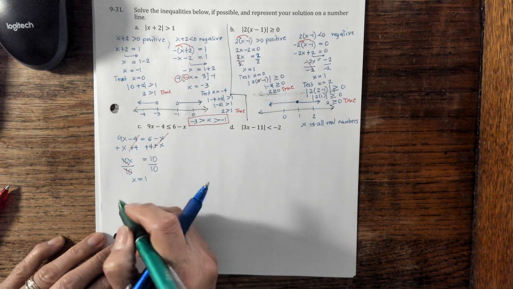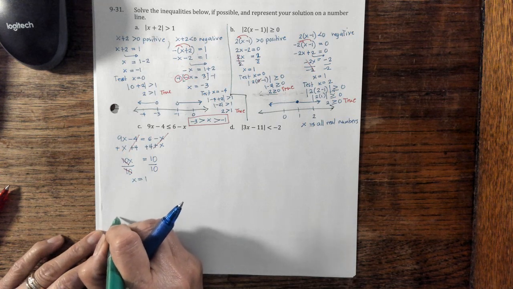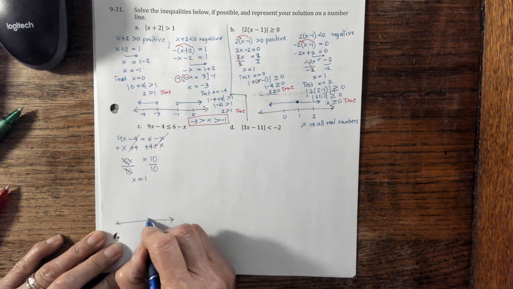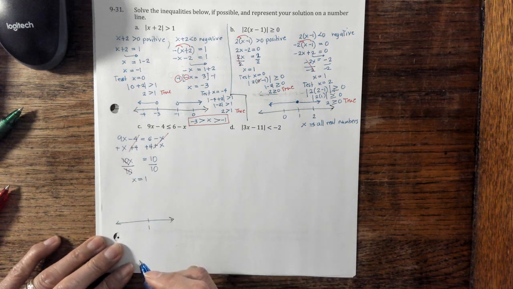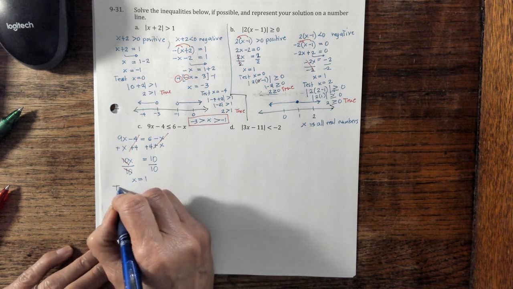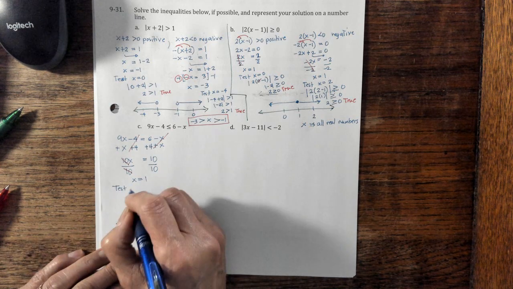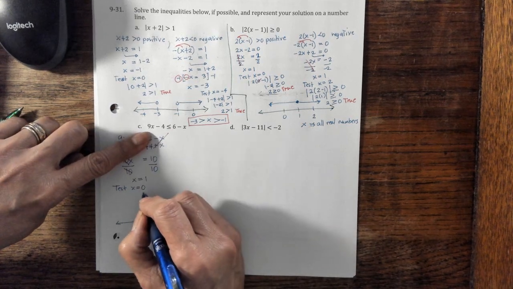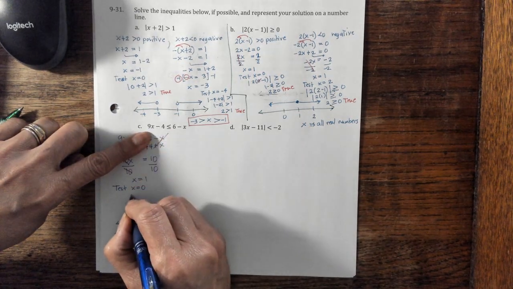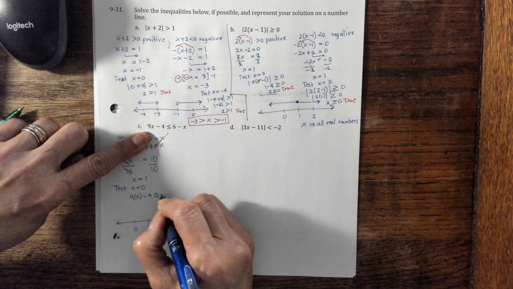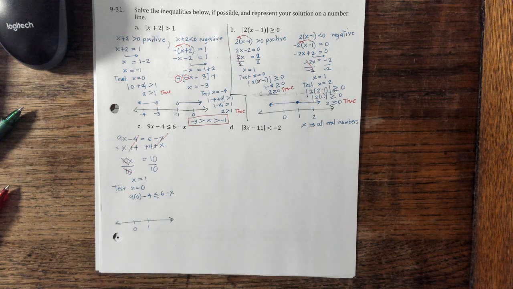So on your number line, you'll have this. Okay, so this is 1, and your 0 is on the left side. So we'll test 0, since it's on the left side. So test x equal to 0 in the original inequality. We'll substitute 0 for x. So that's 9 times 0 minus 4. Is it less than or equal to 6 minus x?